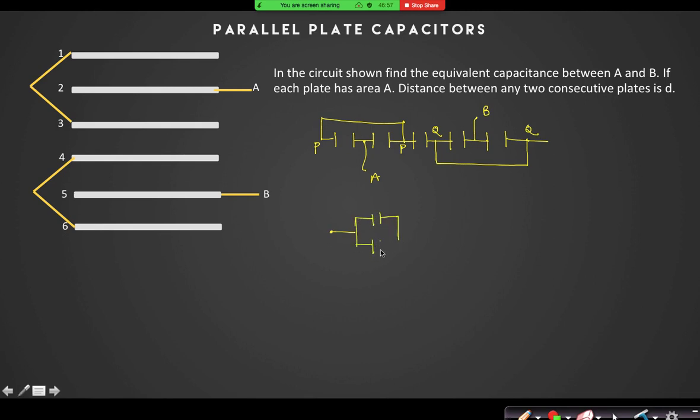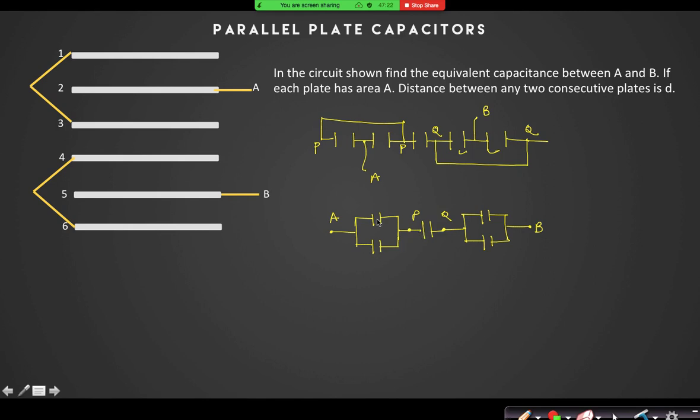Between B and Q there are two capacitors, so they also must be in parallel. And between P and Q there is one capacitor like this.